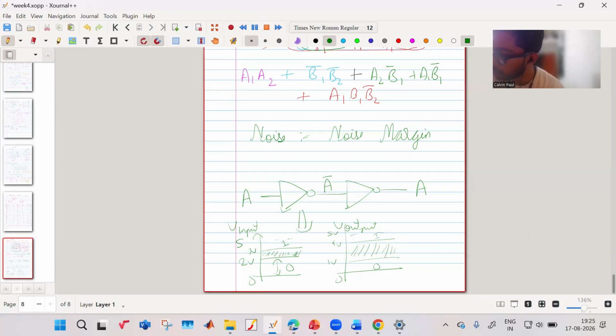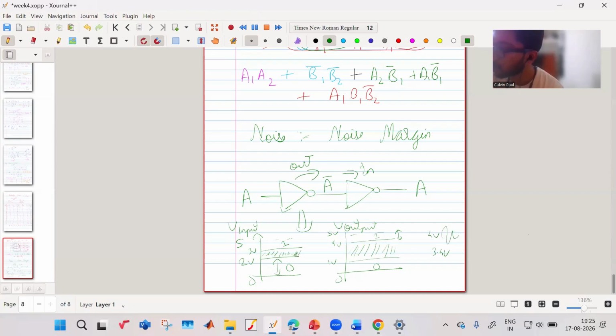So now, the output of this circuit is the input for this circuit, right? If your output signal is between 4 volt to 5 volt, suppose your output is equal to 4 volt, and due to some noise, it goes down to 3.4 volt.